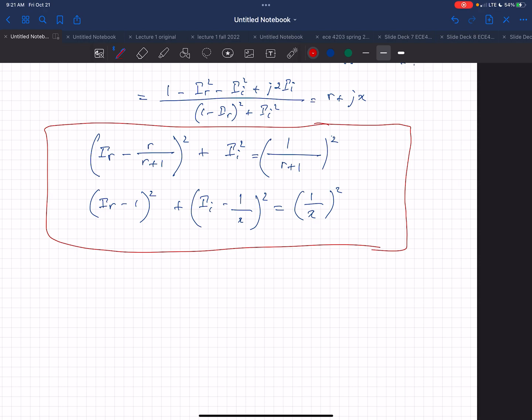So this one is relating gamma sub R, gamma sub I, and R together. It's relating the real part of the impedance with the real and imaginary parts of the reflection coefficient. And this is relating the real and imaginary parts of the reflection coefficient with x, which is the imaginary part of the impedance.